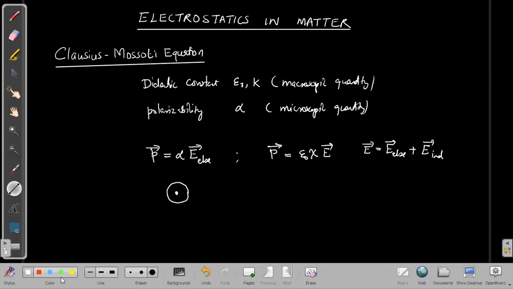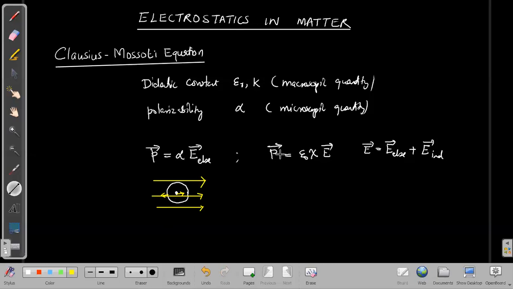If you apply some field, some dipole moment would be produced here, because the positive nucleus will move towards the right and the electrons will move towards the left, and there will be some separation of the charges, thereby producing this dipole moment.